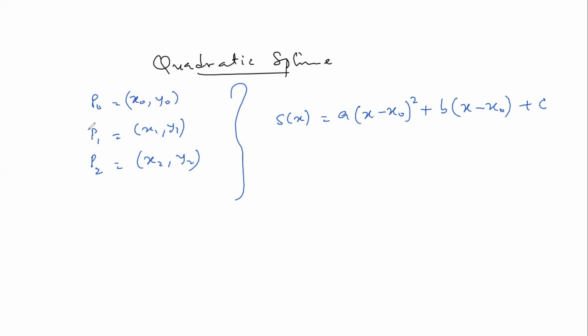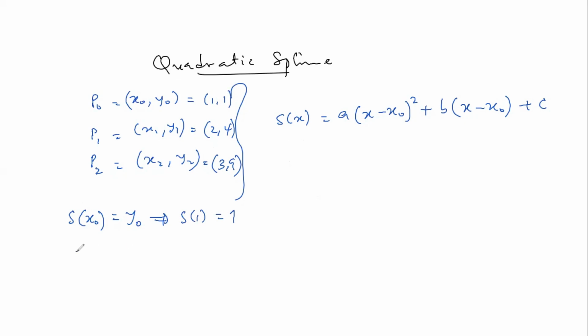If we now look up our previous example, where we have P0 to be (1, 1), P1 to be (2, 4), and P2 to be (3, 9), then S of S0 is the same as Y0, so that S of 1 will be the same as 1, which is Y0.